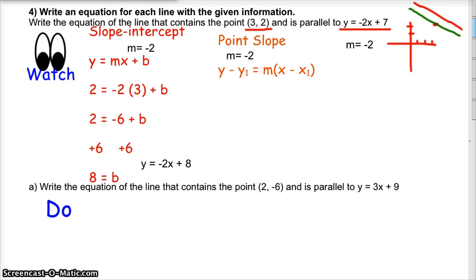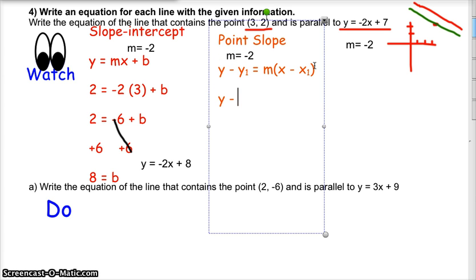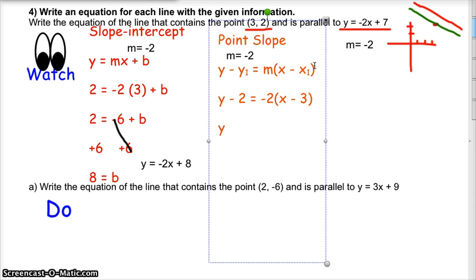And these canceled right here. Same problem, doing it a different way. y minus the y value equals my slope, x minus the x value.